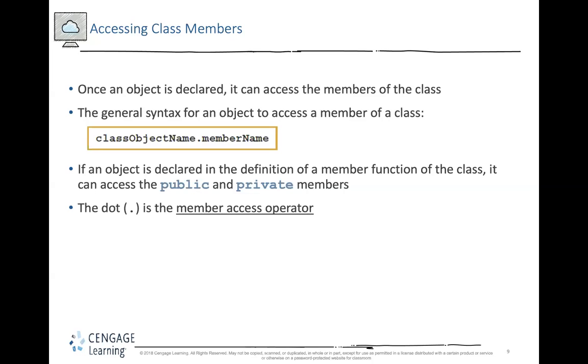Inside the implementation, the function bodies, you can access all the members, whether private, public, or protected, within the definition of the class. But with an object that you declared, when you use the object to access the members, you can only access the members that have the public specifier.